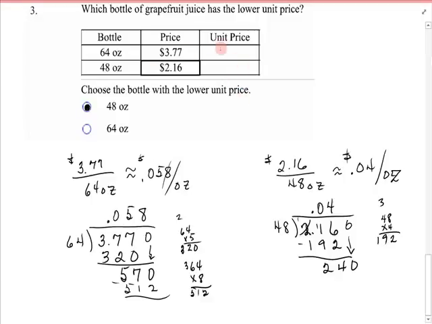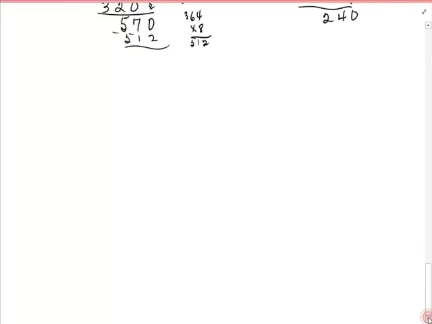The 64 is approximately 0.05 something, and this one is approximately 0.04 something money per ounce. You didn't have to fill that in, but you did have to know it so that you could choose the cheaper one.